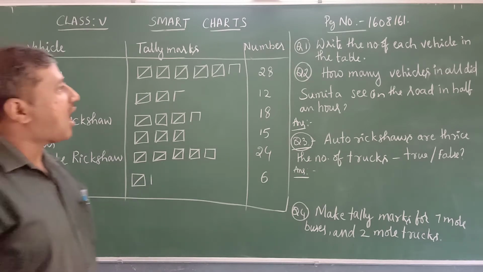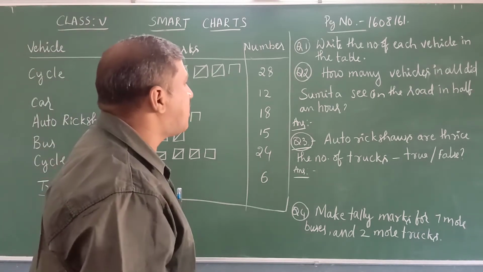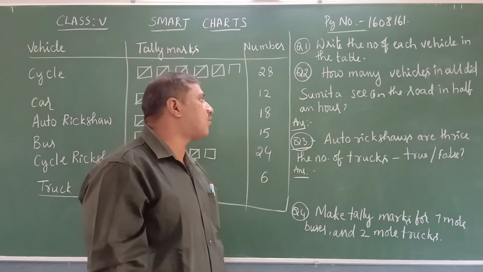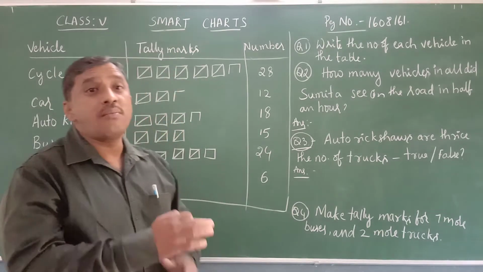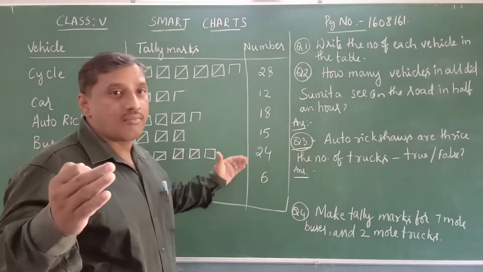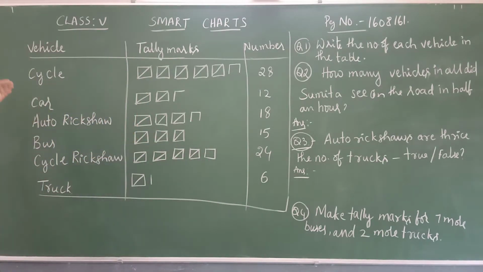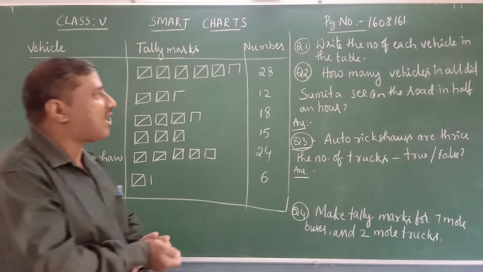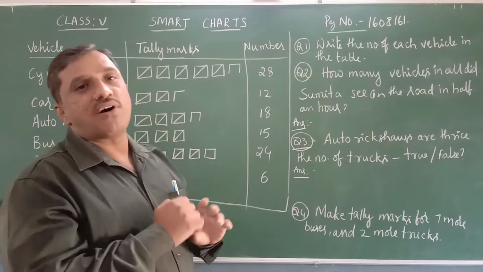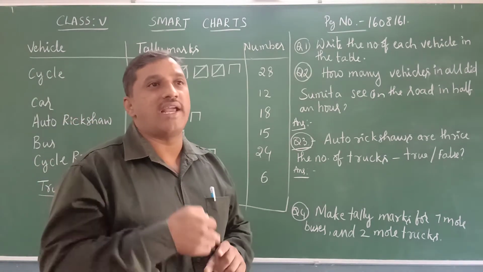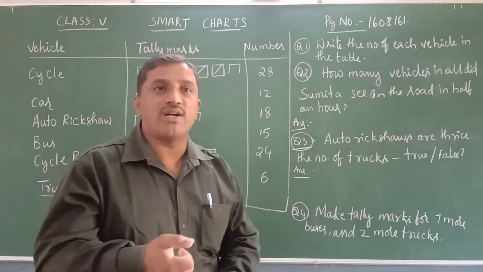Second question. How many vehicles in all did Sumita see on the road in half an hour? How many vehicles in all means cycles, cars, auto rickshaws, buses, cycle rickshaws and trucks all together. What do we have to do?